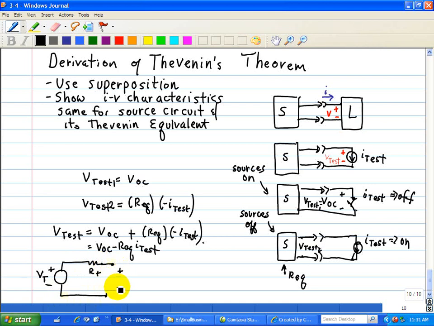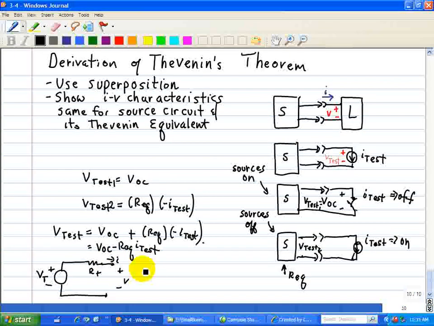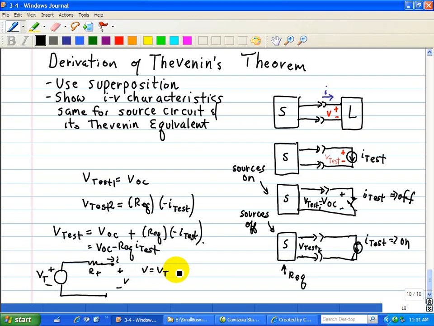We have a plus minus V and a current I. So the IV characteristic is V equals Vt minus I times RT.